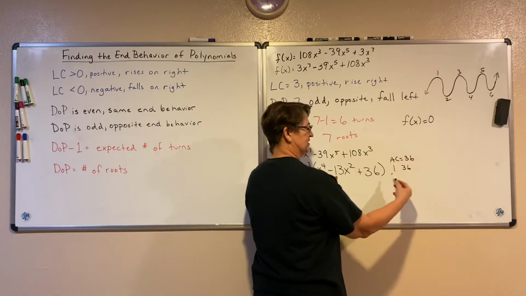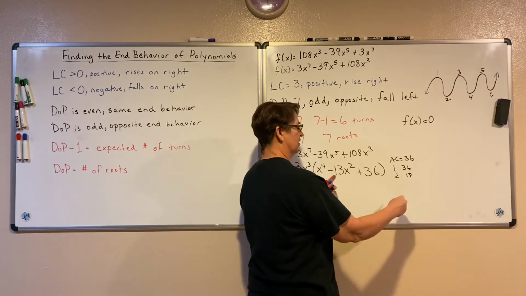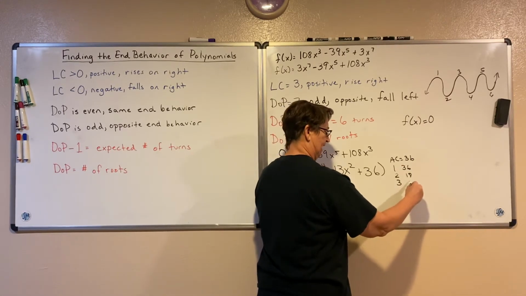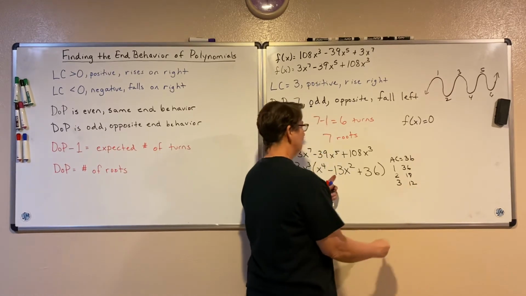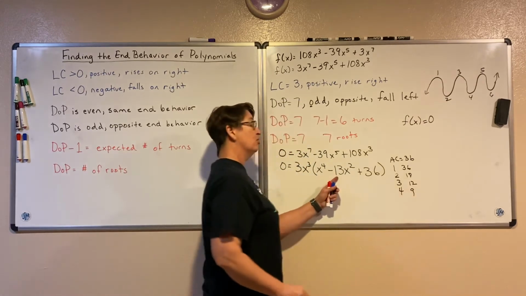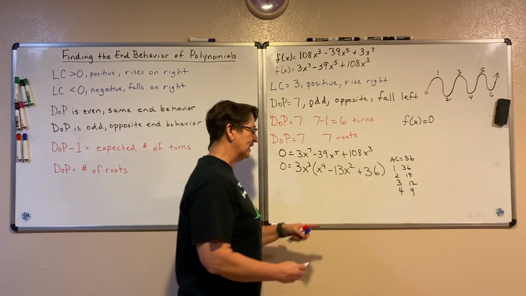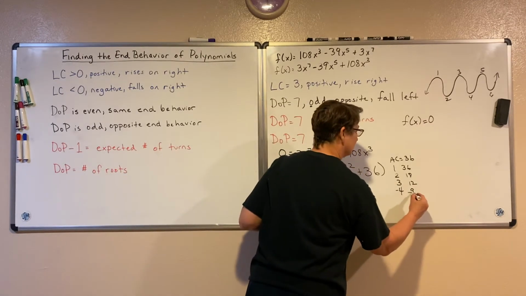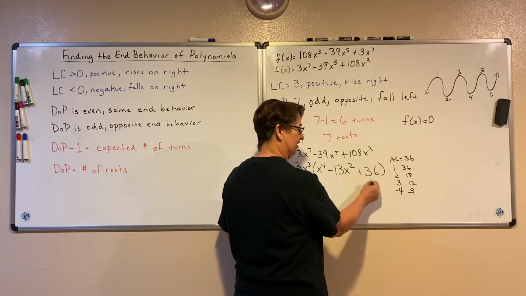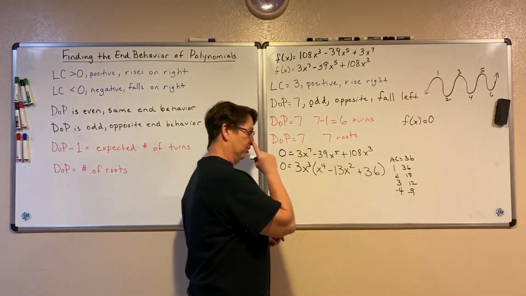Well, 1 and 36 don't add to be 13. 2 and 18, no. 3 and 12, no. 4 and 9, oh, together those will make 13. I need it to be a negative, so a negative times a negative will make it a positive, and a negative plus a negative will make it a negative here.